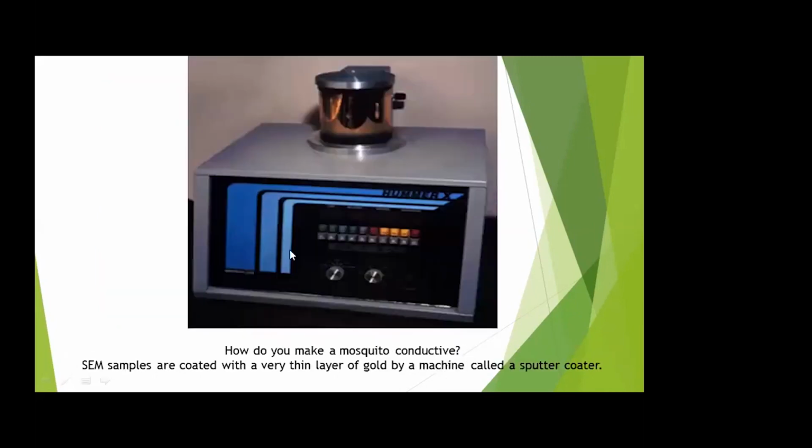And this is a chamber where coating is done. If you have to make a biological specimen like a mosquito or any tissue conductive, you have to apply a coat. So SEM samples are coated with a very thin layer of gold by a machine called a sputter coater. And this coating method is also called sputtering.